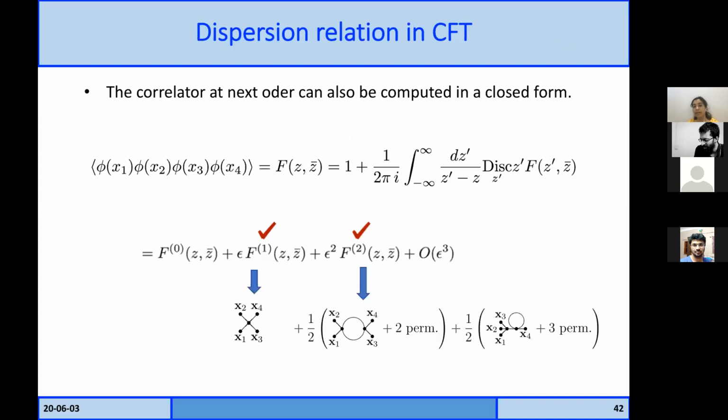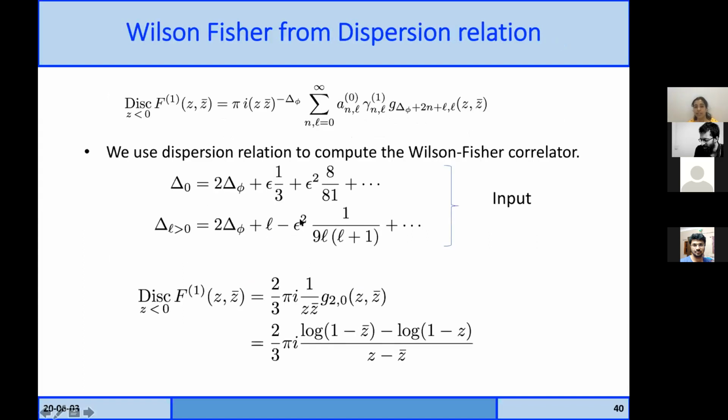Now the correlator at next order can also be computed, and here we will have all these spinning operators, because at order epsilon square we have L equals 0 and L greater than 0 as well. So we have to do this sum over L. But even then we don't have the sum over n.